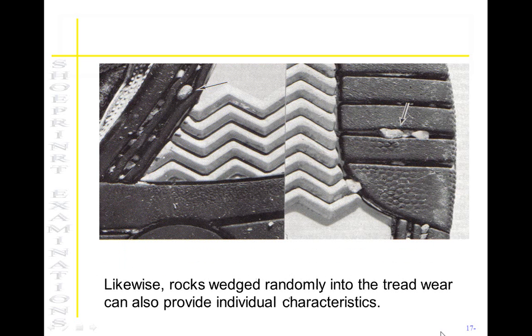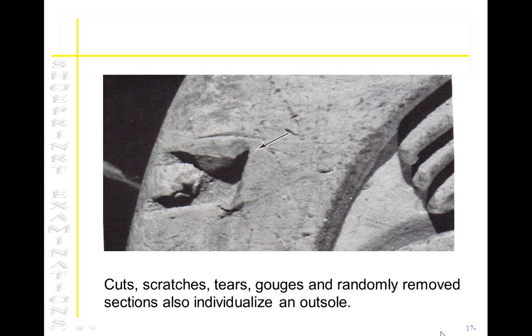Likewise, different rocks or things that can become wedged in the outsole pattern are also going to provide individual characteristics. Cuts, scratches, tears, and gouges are also going to provide individual characteristics.